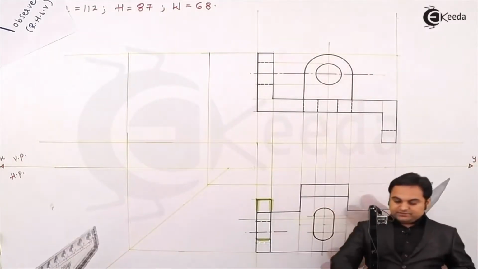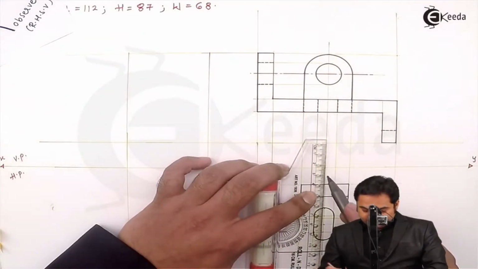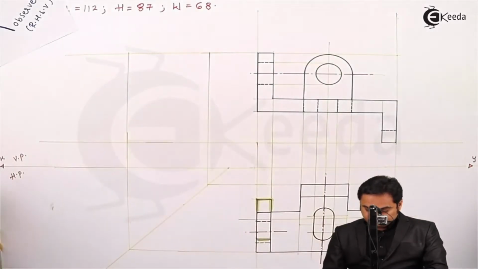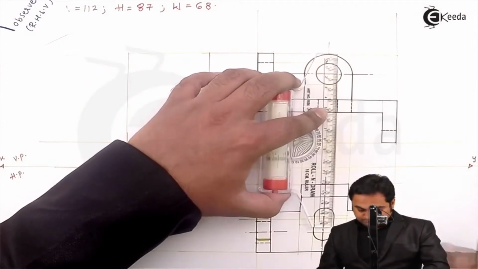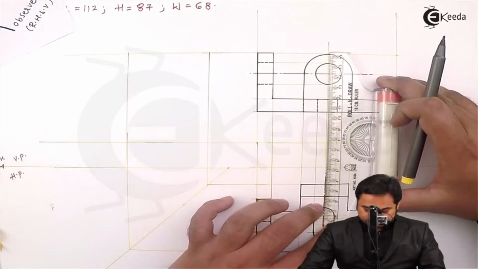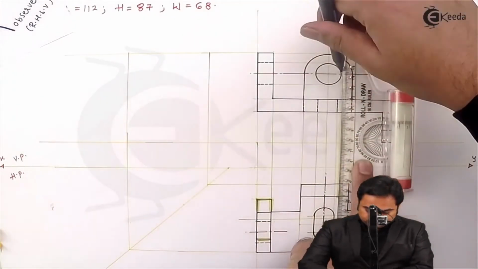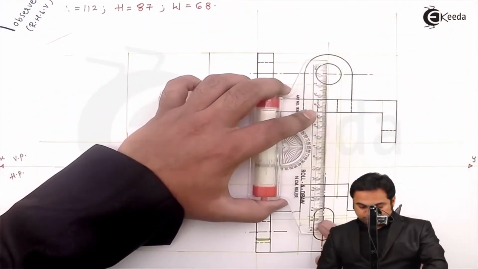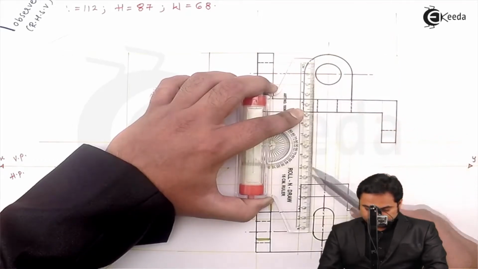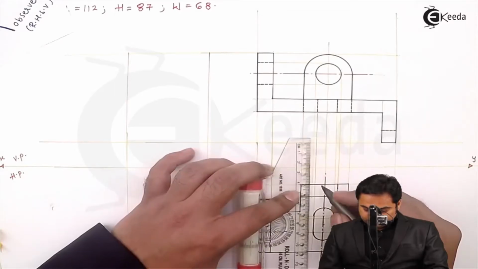Then another circle is there inside this semicircle. For that, here we have the center. So this is the hidden circle.